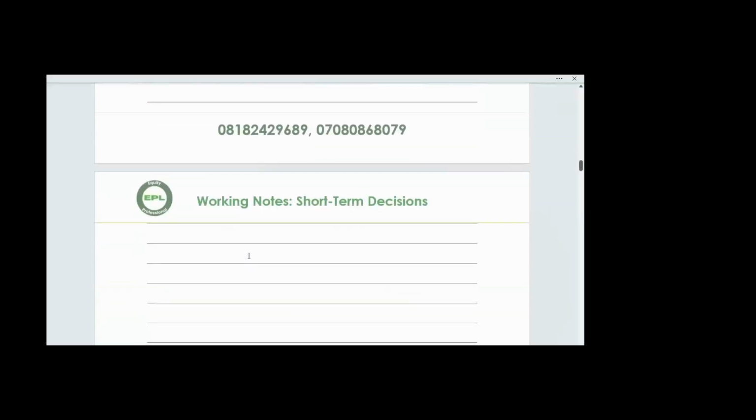So let's move on. Number B part. I will say using contribution. The examiner says you should use contribution margin approach. That is, you prepare contribution margin statements.